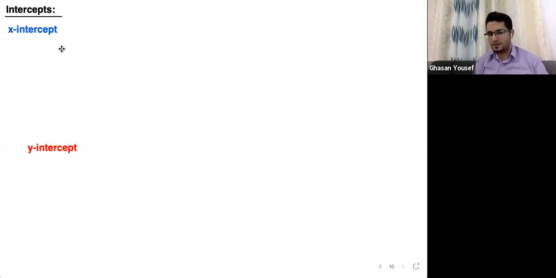This is correct, Matthew. What else do you know about the x-intercept? Any point crossing the x-axis. This is correct. A point that is made when a line intersects the x-axis. Also correct.